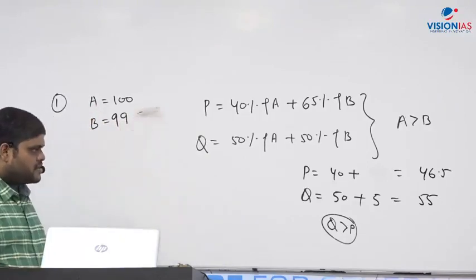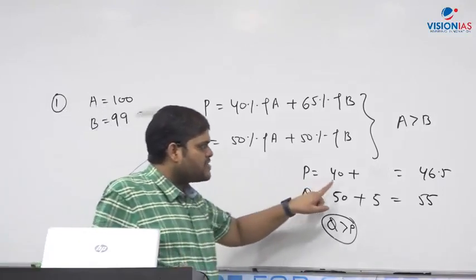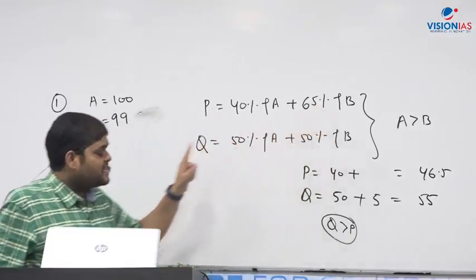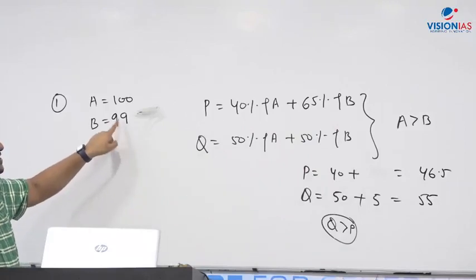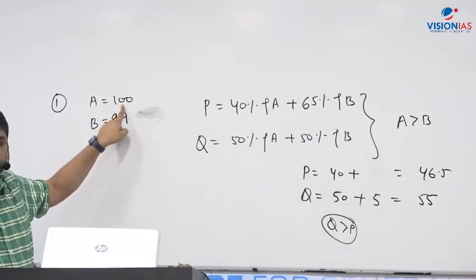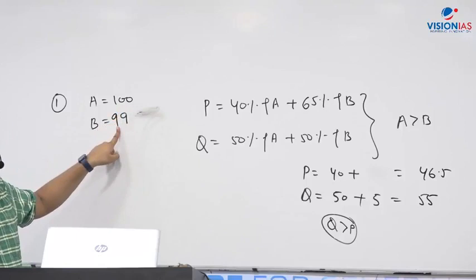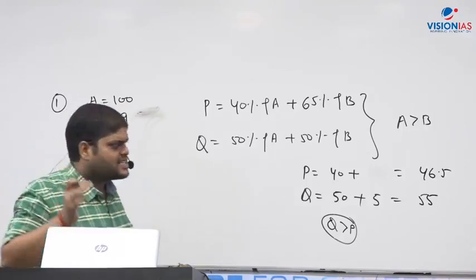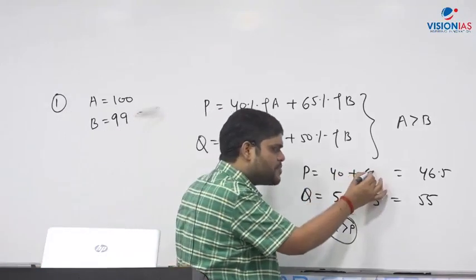To find 65% of 99: 65% of 100 is 65, so 65% of 99 will be just lesser than that. So I will take the value as, suppose, 64.